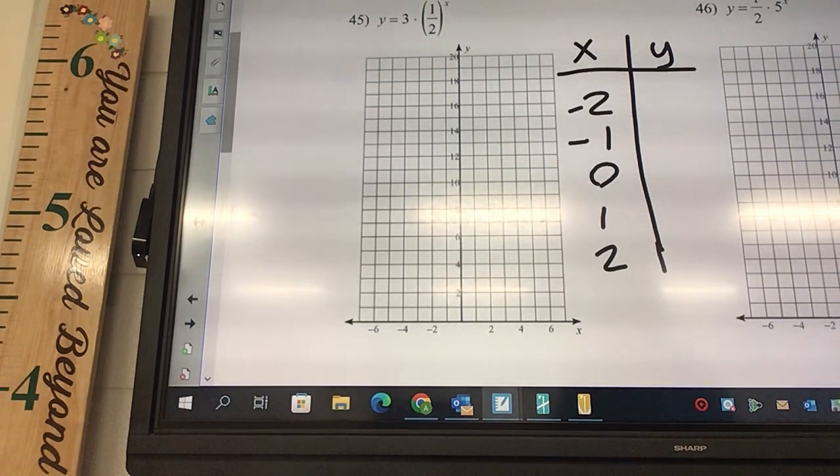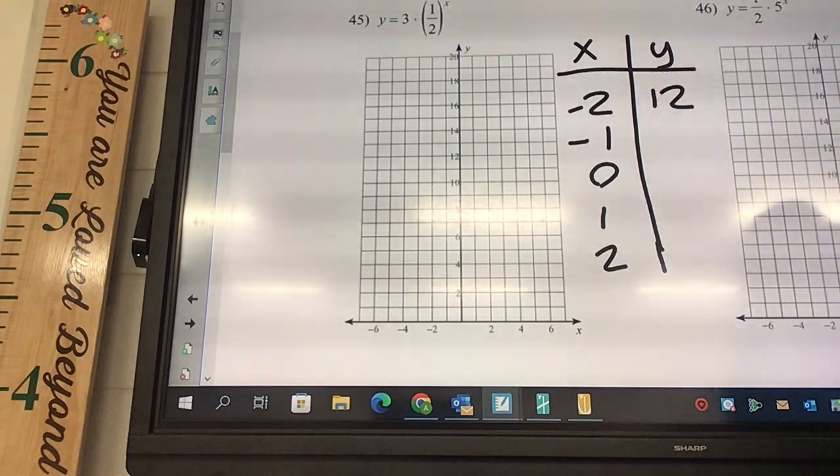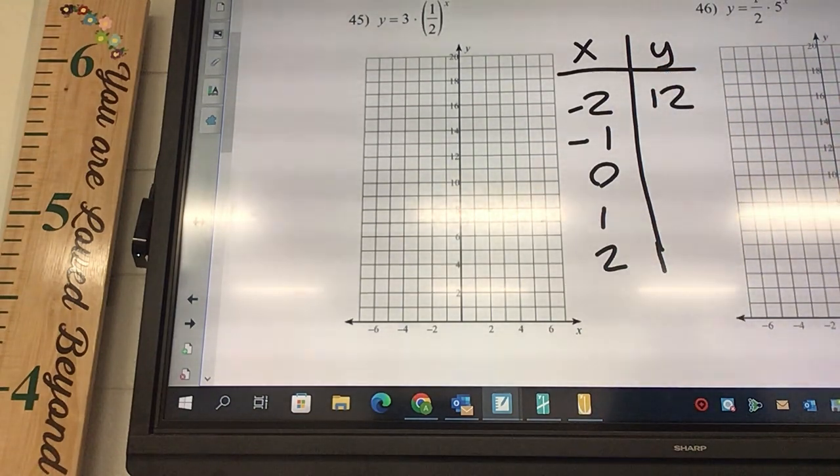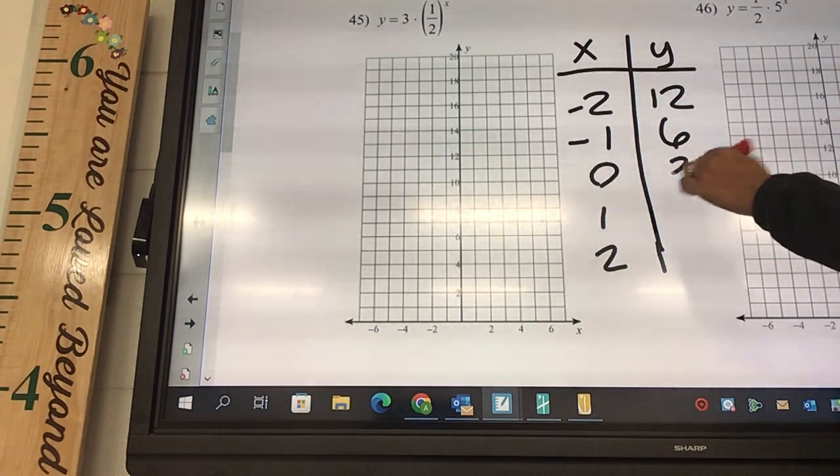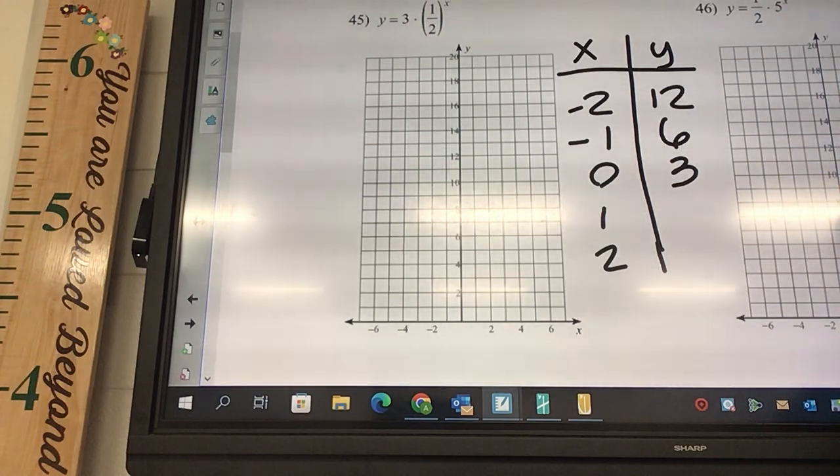12. You got 12? Good, and then you can go back and hit edit and then change the numbers. 6, 3, 3 over 2. What is that as a decimal? Because I don't know where to graph 3 over 2.